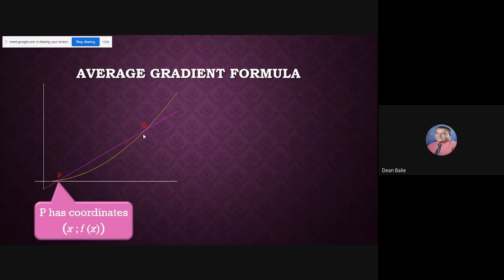So I'm going to call this distance between the x values of P and Q, I'm going to call that distance h.